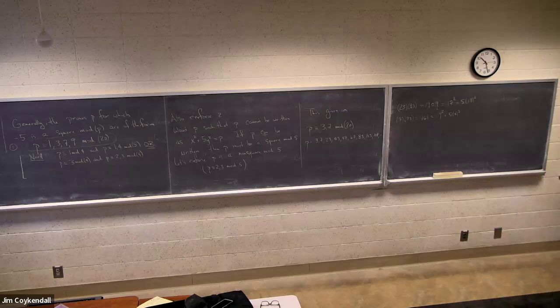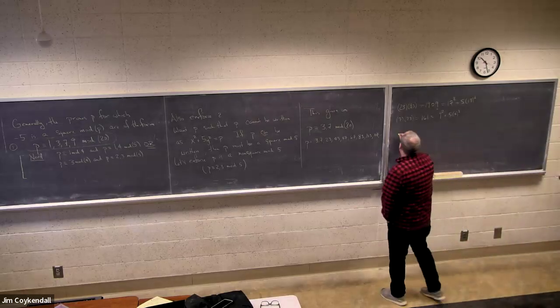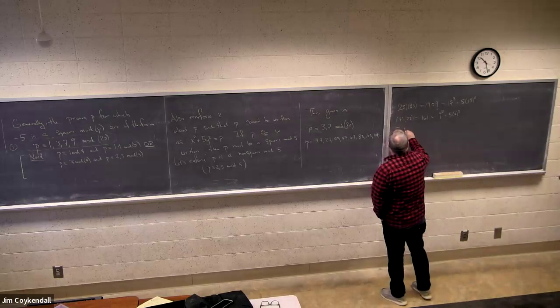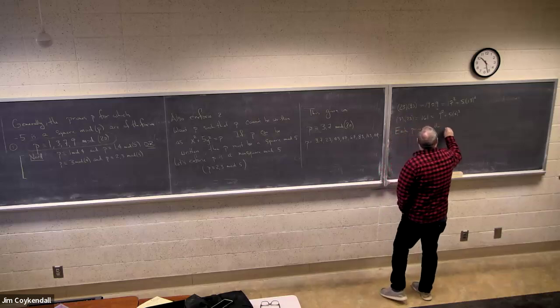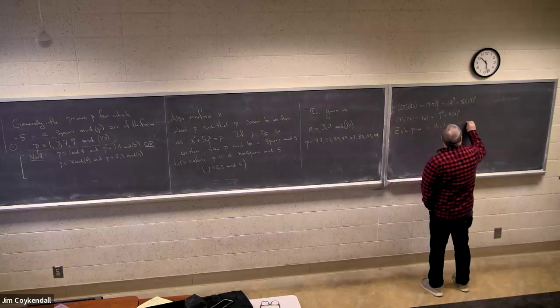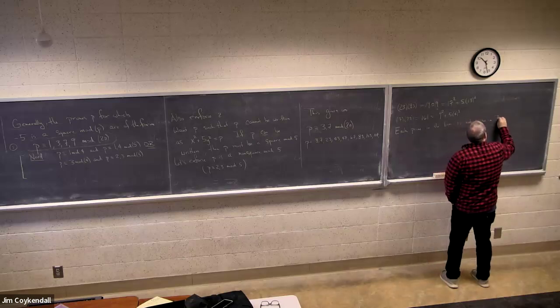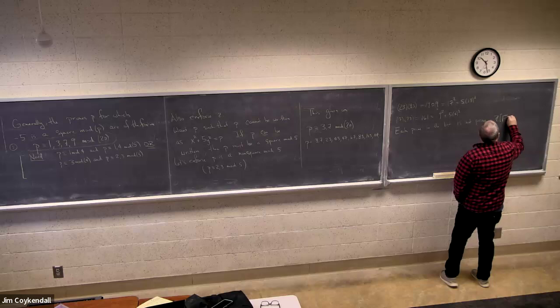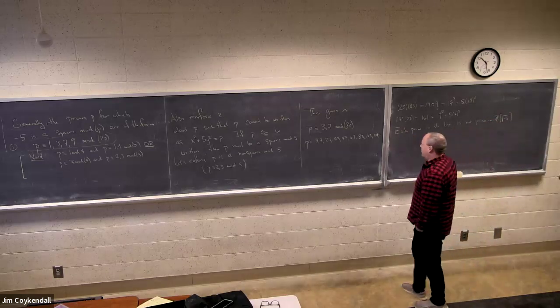Class group. What is going on here? That's right. Each prime of this fails to be prime in the larger ring.